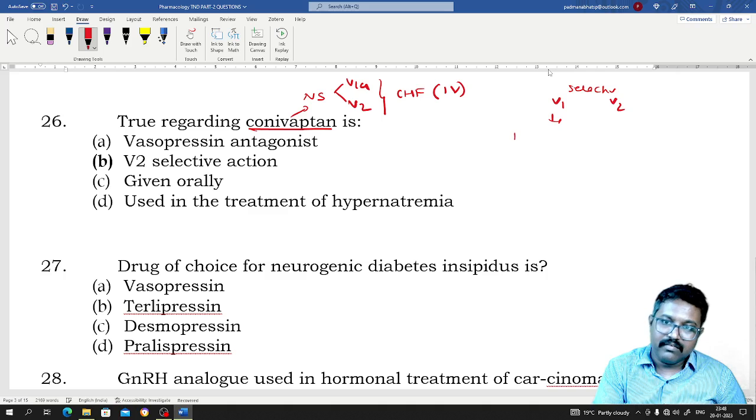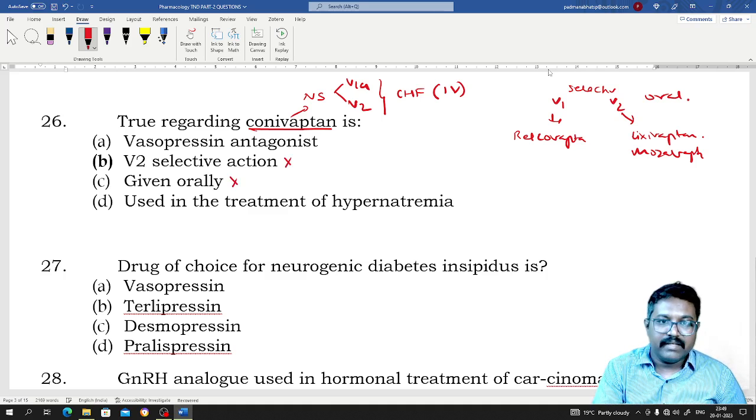So V1 we have relcovaptan, and V2 we have lixivaptan and mozavaptan. So these are given through oral route. So conivaptan is not given through oral route. It is not a V2 selective action, it is a combined action of V1A as well as V2, and they are used in the treatment of CHF mainly. So the right answer will be here, it is a vasopressin antagonist.